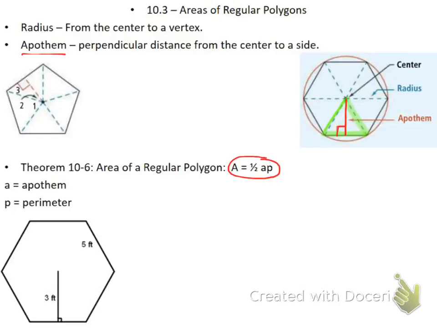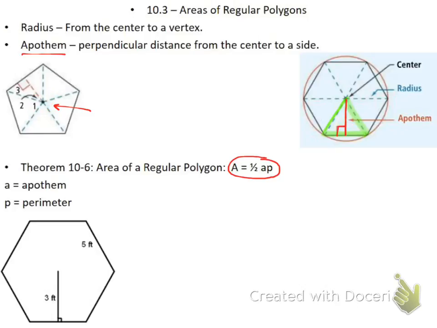So the first thing that I can do up here on the top left is find out each one of these angles that I have here. If I wanted to figure out what one of the central angles was, I know that going all the way around here is 360 degrees.